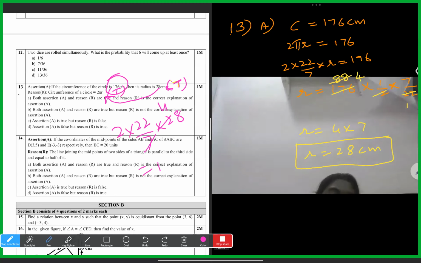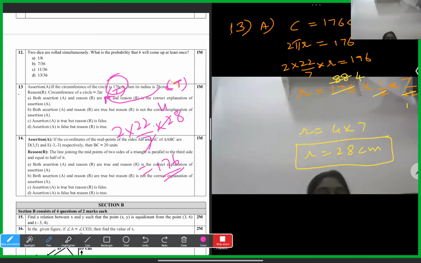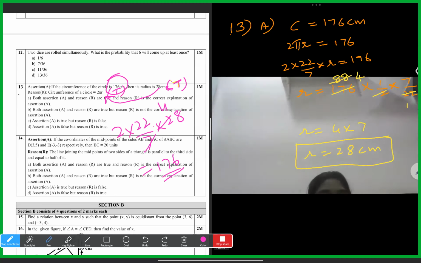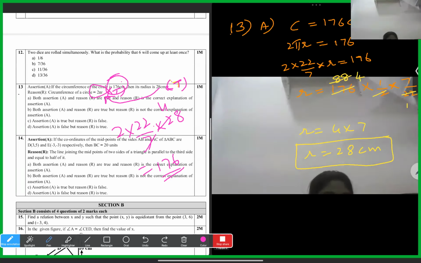So we're getting 2 into 22 into 4. If you do, we'll get 176. So in that way, it should be correct. In these types of questions, here we can take it as the correct explanation also, because whatever radius value they say, if we keep it in this formula, we are getting 176.